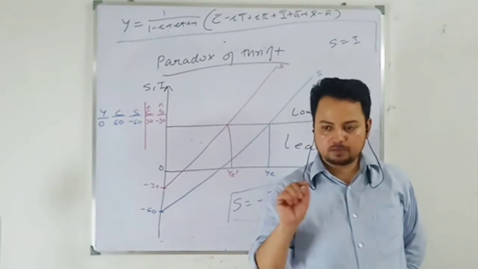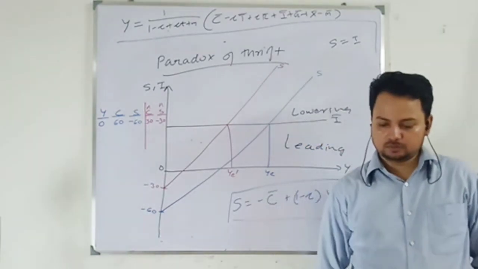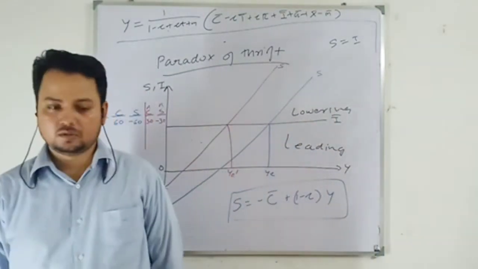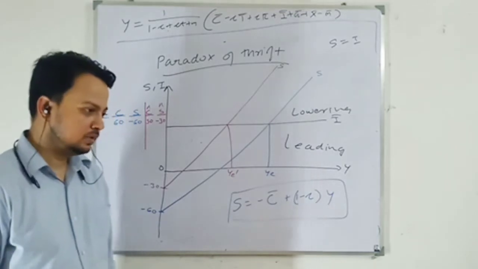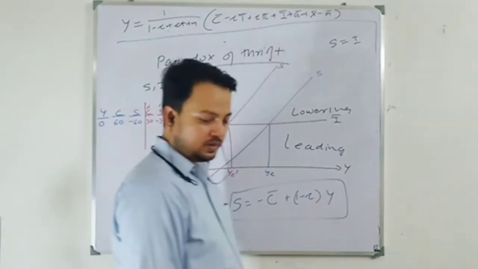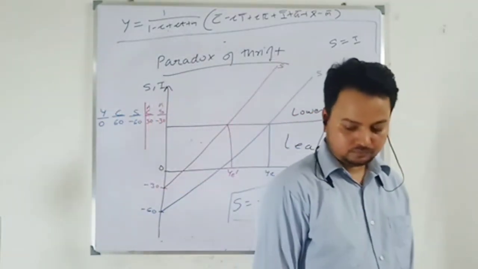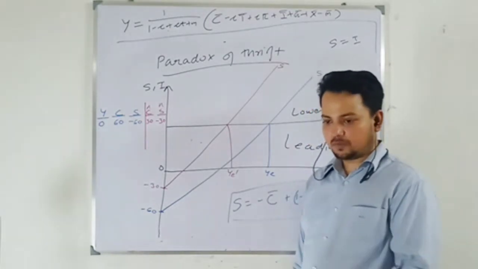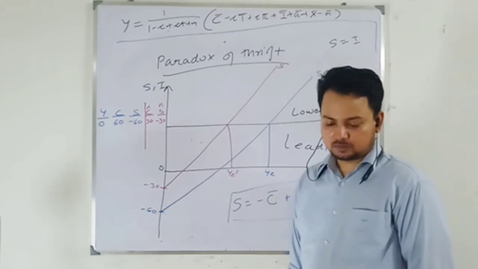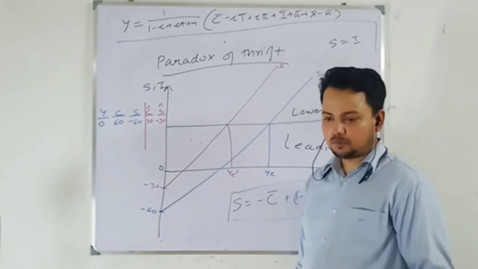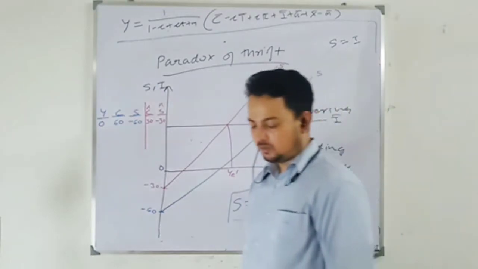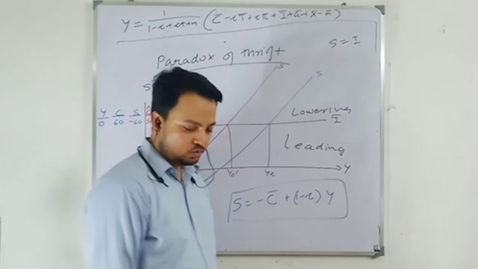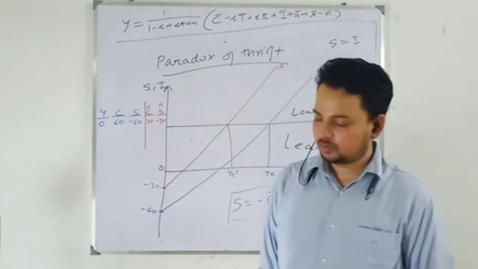The paradox of thrift refutes the fallacy of composition. The fallacy of composition is the idea that what is true of the part must be true of the whole.